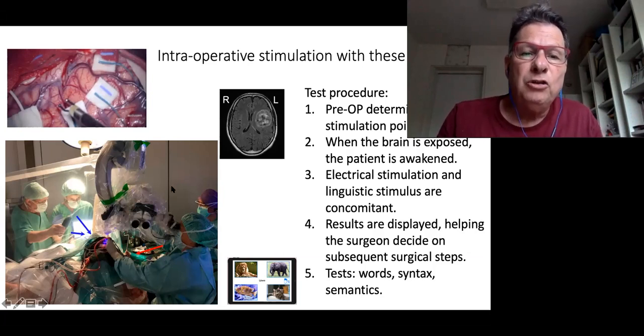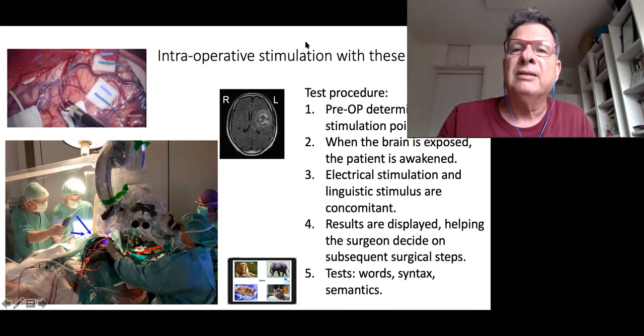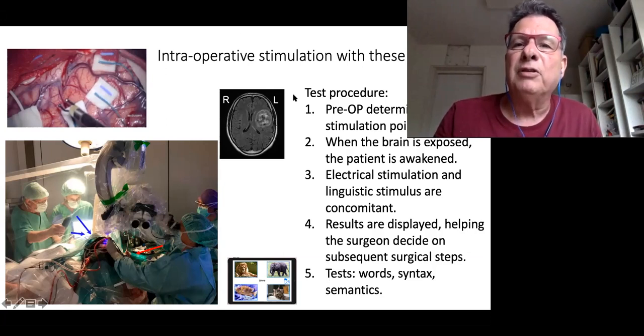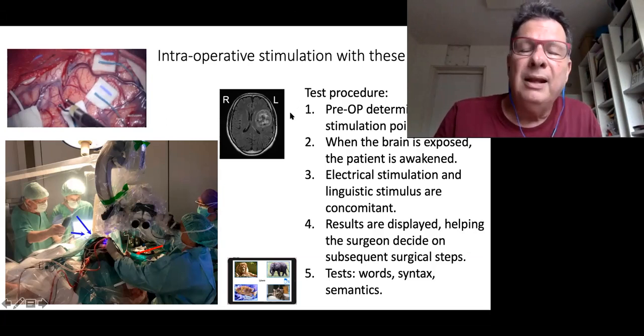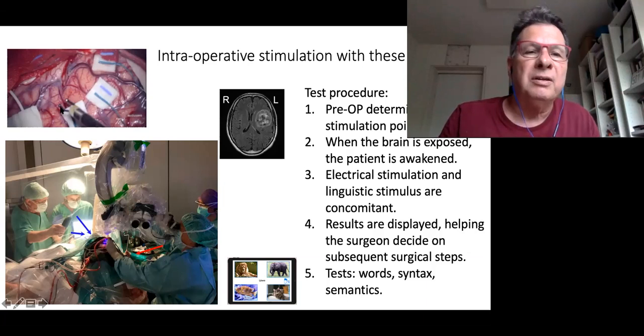So the idea is to wake up patients after you had opened their skull and after you had started this operation, and then you test the patients before you touch their tissue. You test the patients by introducing an electrode, like the one that you see here, that blocks the activation.